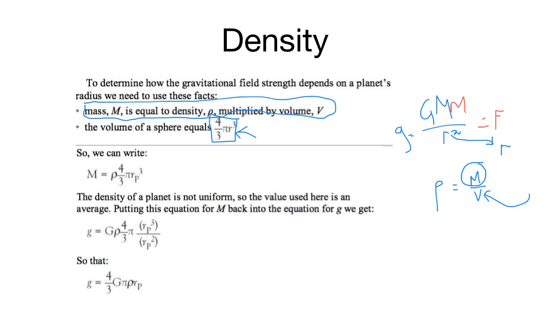We could substitute it in together to give you a proof for this relationship, which I think is a bit of an insane equation. I think it's easier to just remember that density equals mass over volume, and then substitute that into g equals GM over R squared. But you can derive an equation using this if you wish.